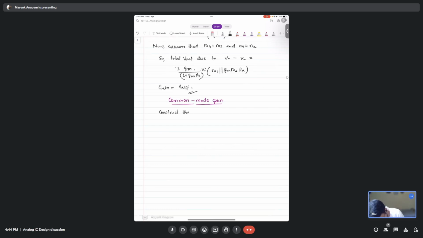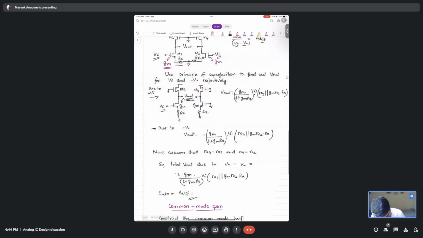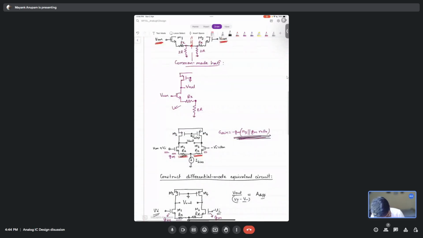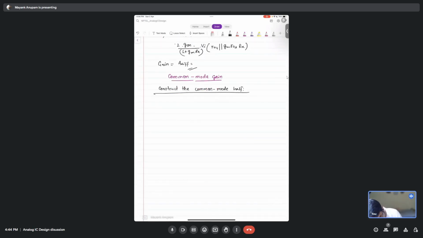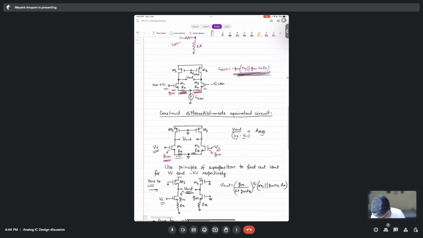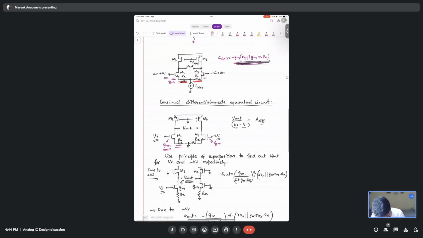So we have the common mode half. We have this circuit, right? We have to construct its common mode half. So it should look like this, right? So put it here so that we have a reference.